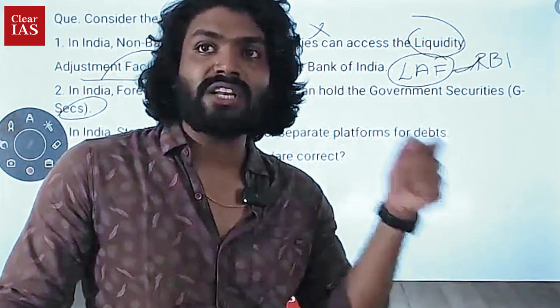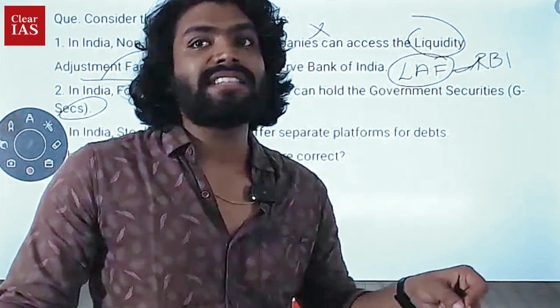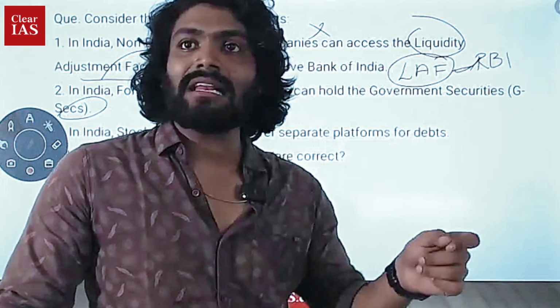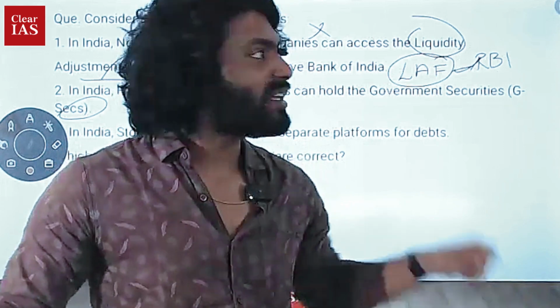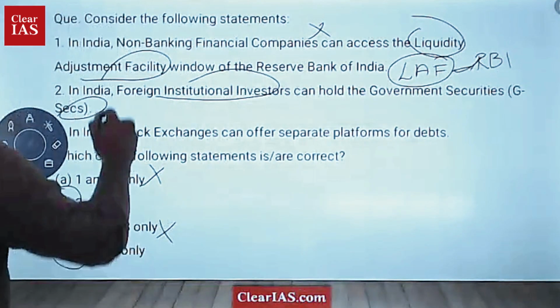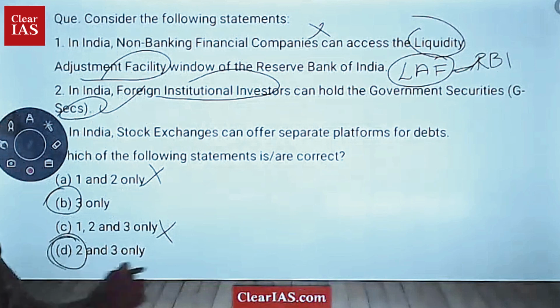And those green bonds in the news were government securities, where the government released the green bonds. So obviously, foreign institutional investors can access a set of government securities. So this statement cannot be wrong. So 2 is also correct, and the answer is 2 and 3.